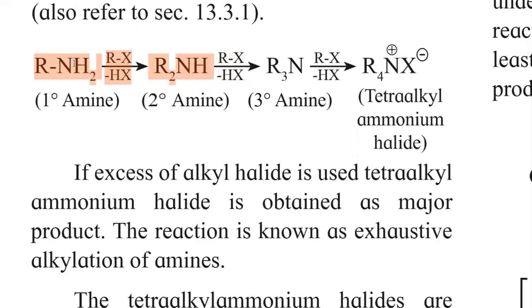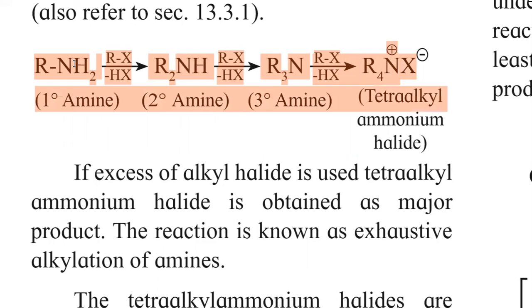It is a secondary amine, again treated with alkyl halide. Elimination of hydrogen halide takes place and gives tertiary amine. Again tertiary amine reacts with one more molecule of alkyl halide. Here loss of hydrogen halide takes place and gives R4N+ X-.